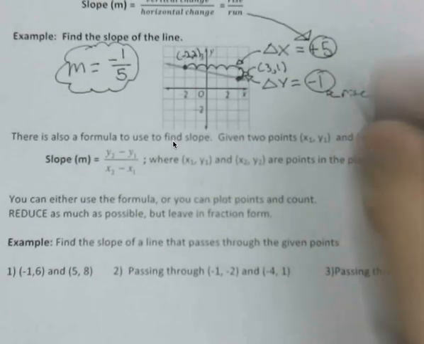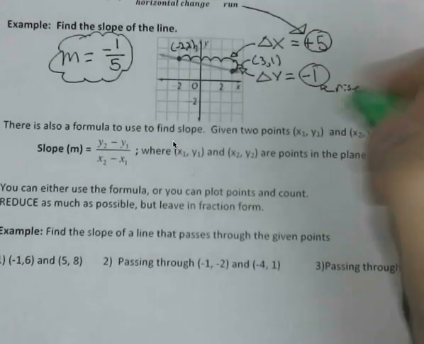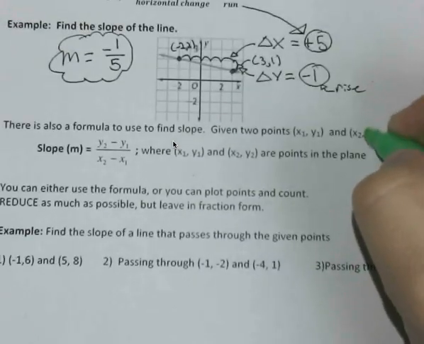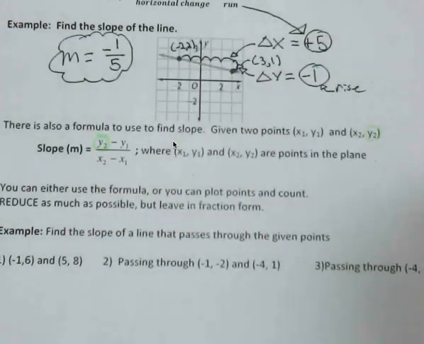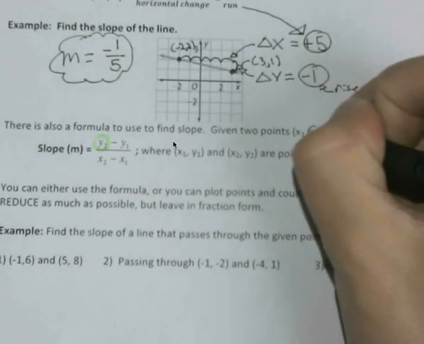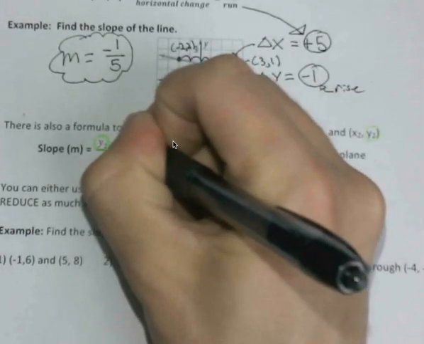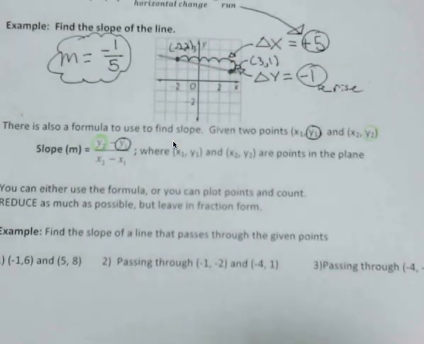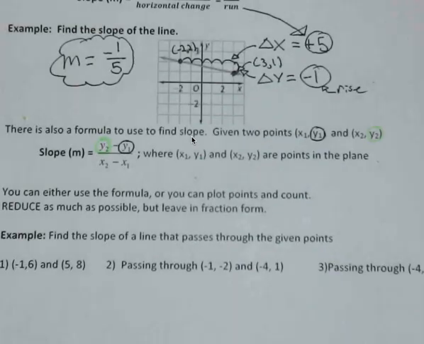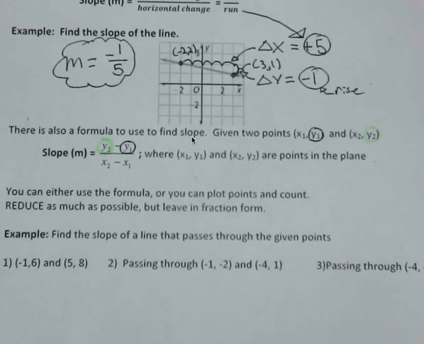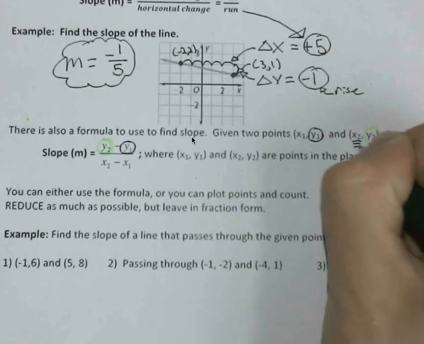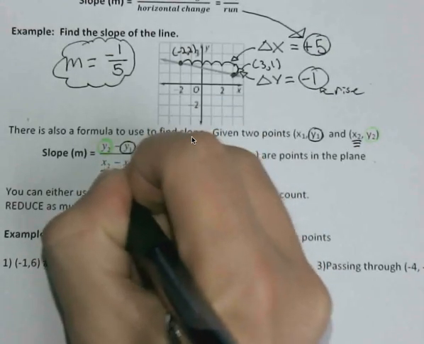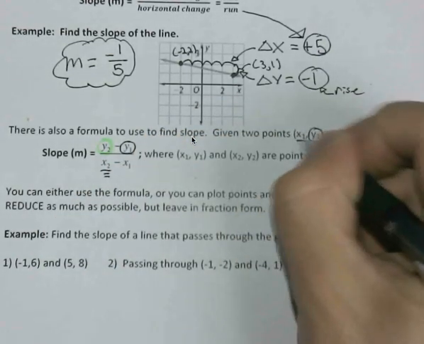So we would take the y coordinates, y2, put that first. We would take the y coordinate, y1, and subtract that. Always subtracting, that's a really important thing. Take away from this. We also see the x coordinates deducting in the denominator.